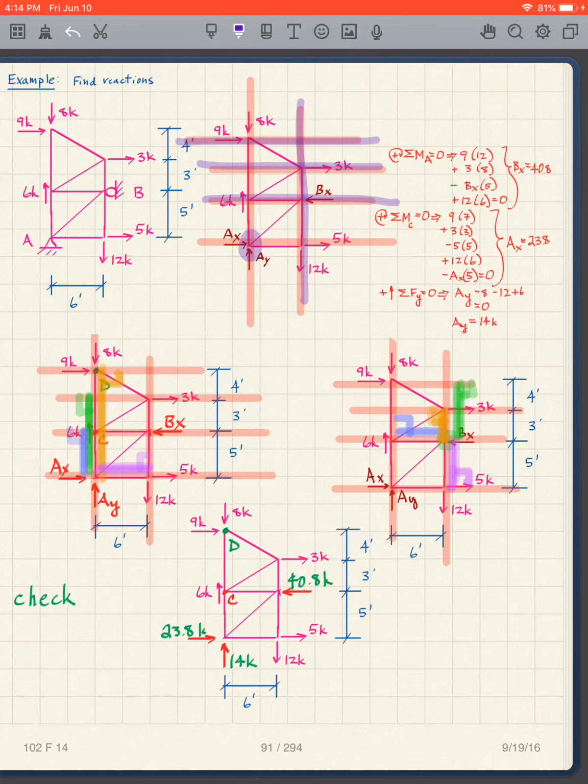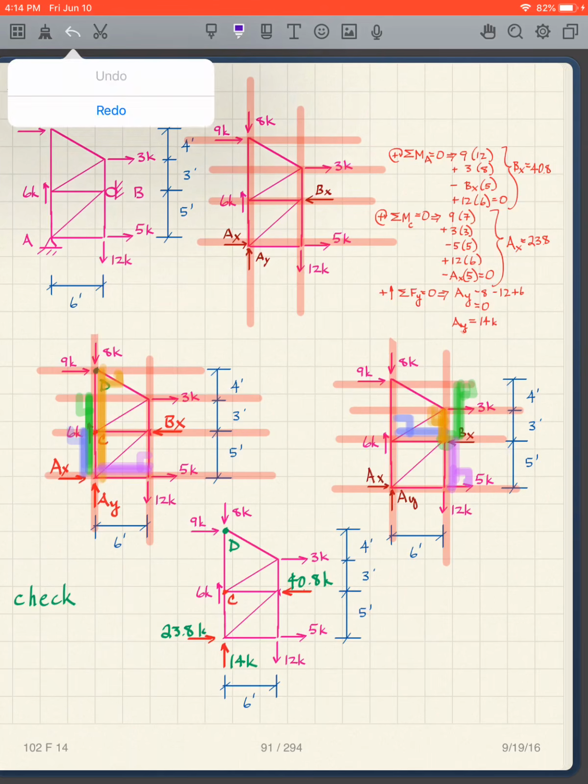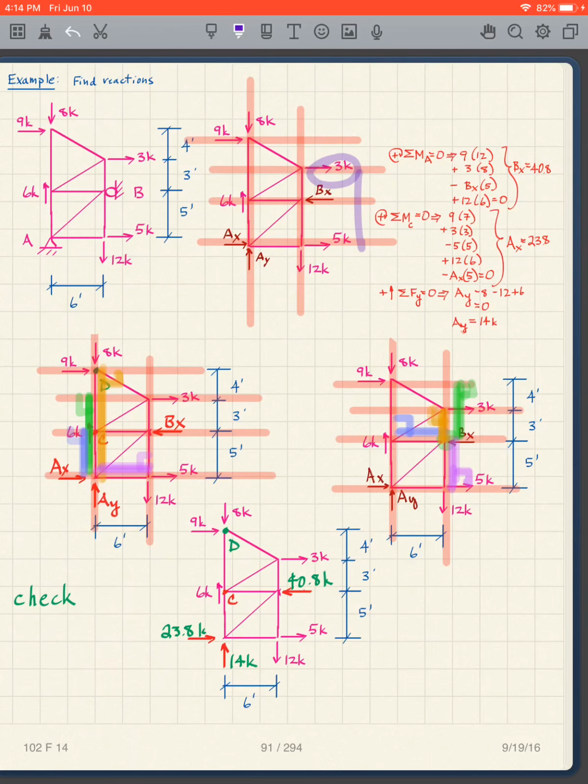Everything else goes through the point, and so for the sum of the moments about A, the 9 is going clockwise, so it's going to be 9 times 12. And the 3 times that distance, which is 8.